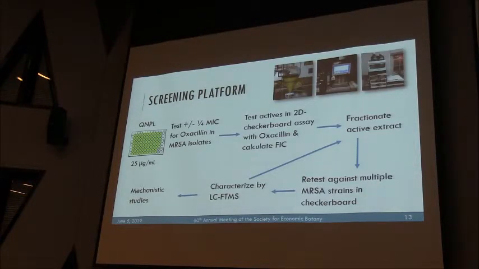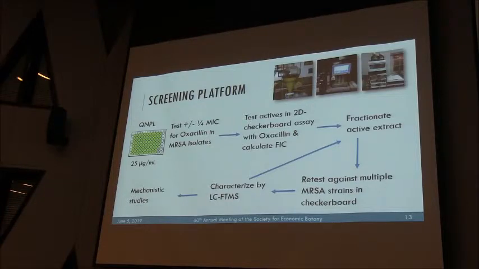And so what we did in this particular study is we took a portion of the library, just a little under half of our library, and screened it in combination with an antibiotic that otherwise doesn't work. So we took a quarter of the dose of the MIC and screened it in combination with our extracts.